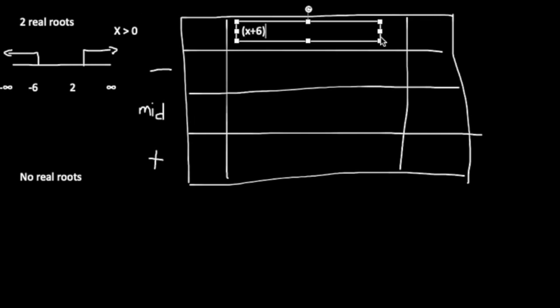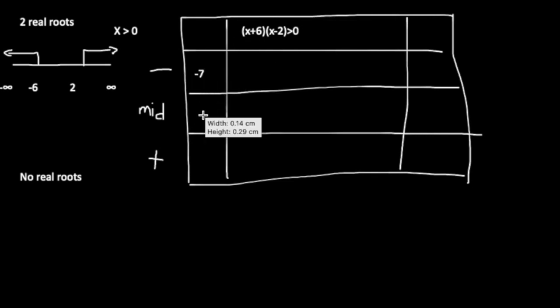Now, let's plug in our numbers in the top of the table. It will be parenthesis x plus 6, then close parenthesis, and parenthesis x minus 2, which must be greater than 0. What you're going to do is substitute the x for the numbers that were said before, one that is less than both numbers.